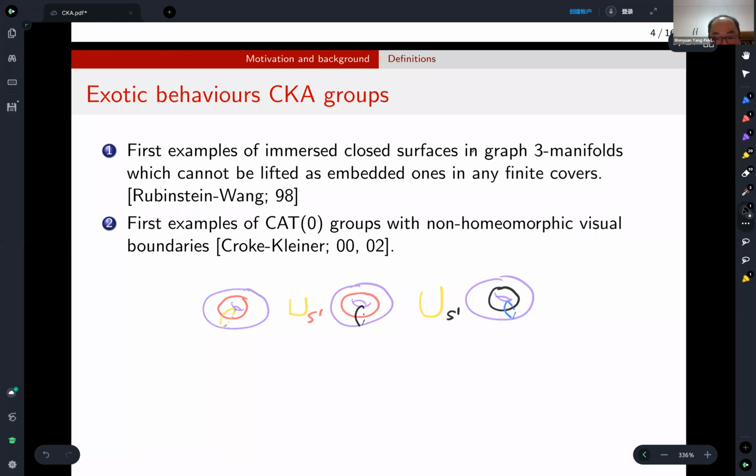Okay, so this turned out to be a Croke-Kleiner admissible group, because here we can just take a figure 8 here. Sorry, that's not figure 8.